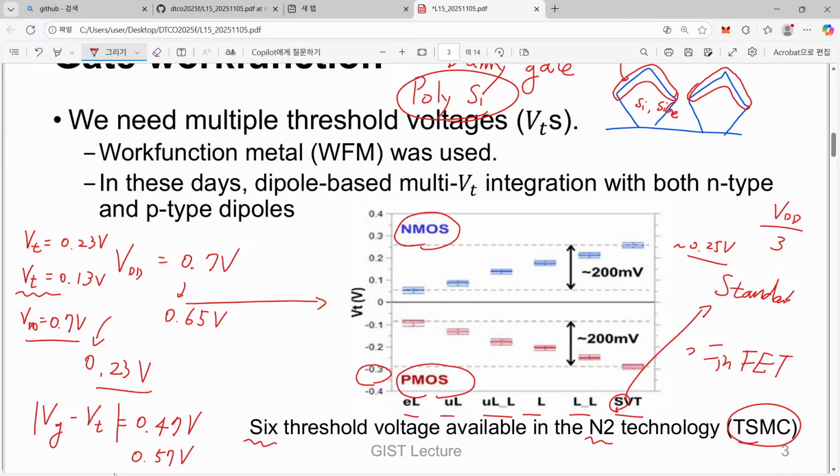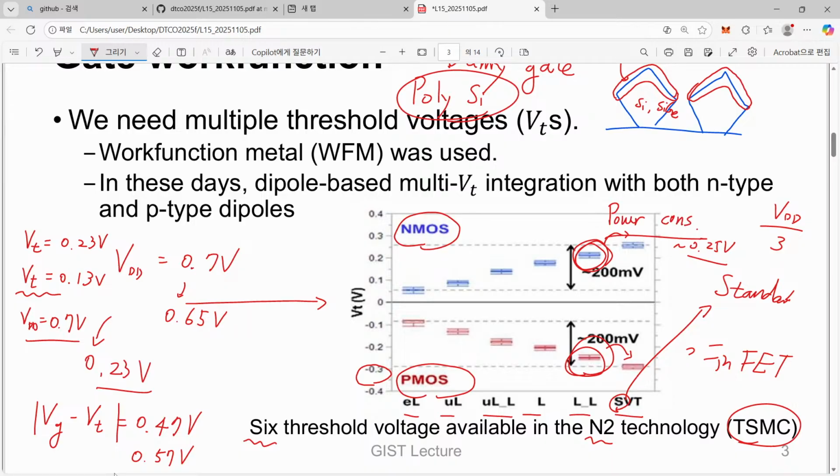So where can you find the number corresponding to 0.23? Roughly speaking, these are the ones corresponding to 1/3 of them. And if we go in this direction, then we can reduce power consumption.